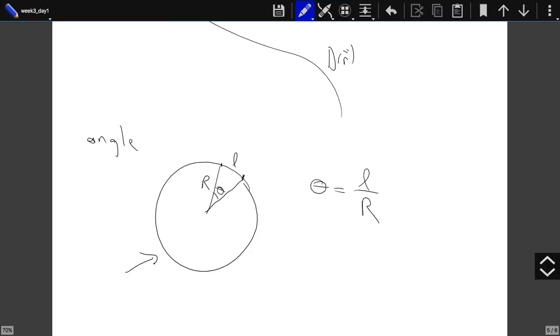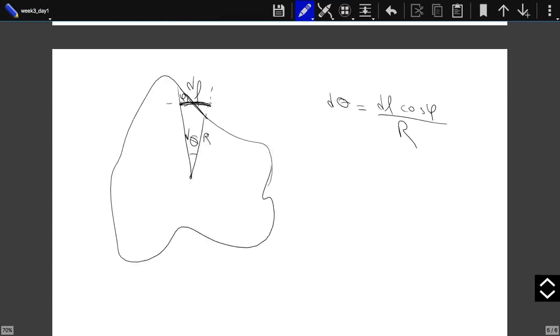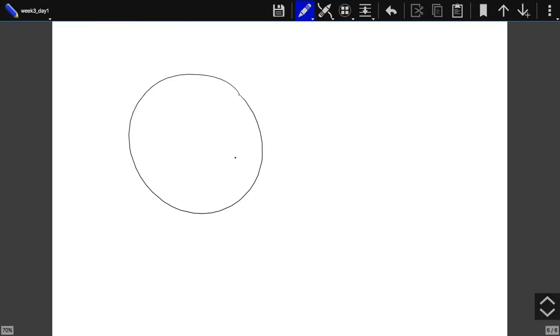Now, this is at least a neater definition, which you can generalize to arbitrary curves. The generalization of a circle in 3 dimensions is a sphere. Imagine a sphere. The generalization of an arc in 3 dimensions is just some surface. It can be an arbitrary surface, not necessarily a smooth one. Let's say this is the area A, and then you can imagine a cone.